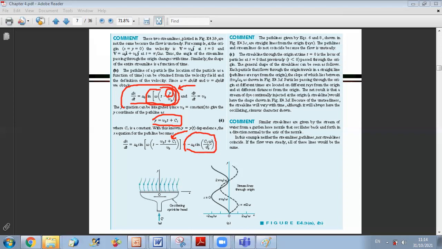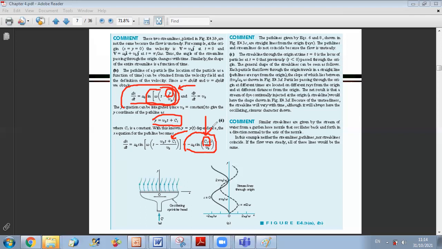And this is explaining why path lines will be straight lines, because x is not a sinusoidal function of time. x is linear with respect to time because c1 is a constant. And the slope of variation of x with respect to t will be either positive or negative depending on the constant c1.